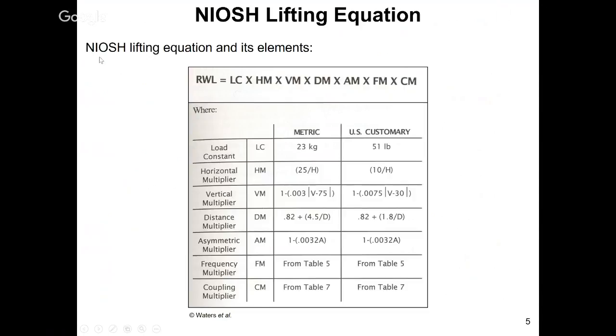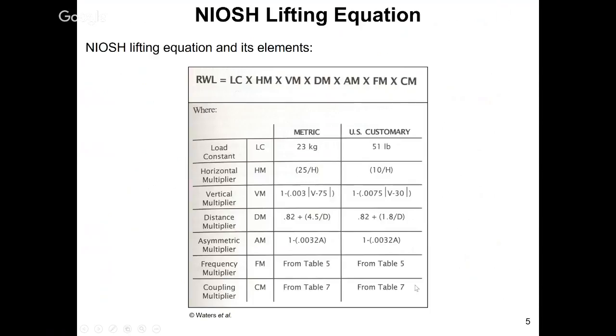You see here at the top, this is our primary equation to get our recommended weight limit. And each of these terms represents another equation except for the load constant and these two values from the tables.